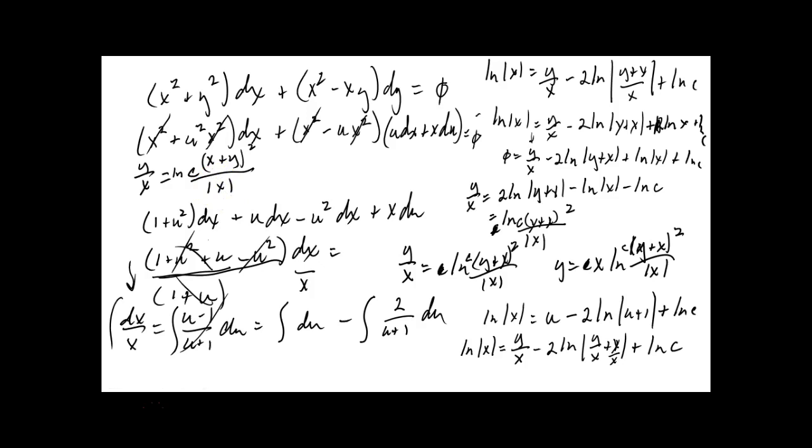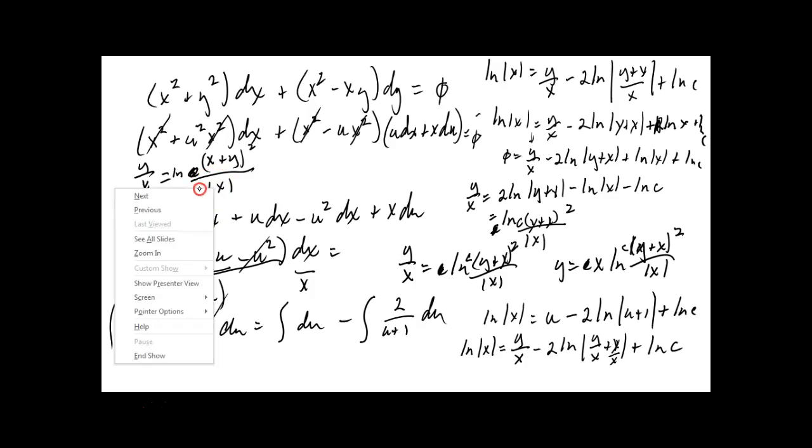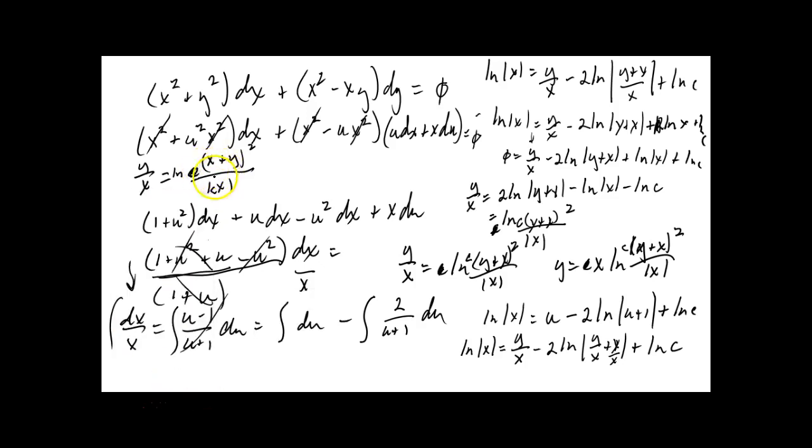Now, they do one other thing. They move the C downstairs with the x. Okay? We can do that. Or remember, C can't be negative. We just knew that at the beginning. So it can be anywhere down here. Okay? Now, what they do is take an e of both sides.